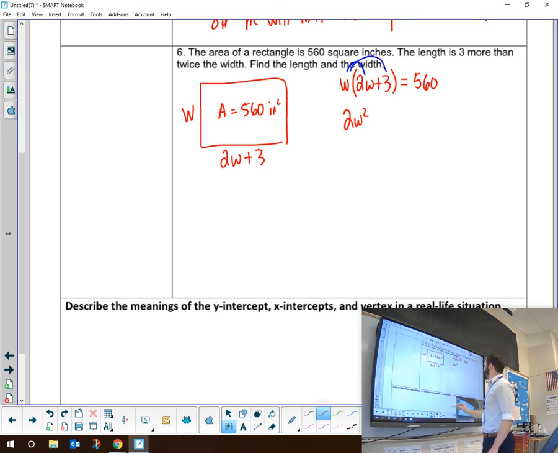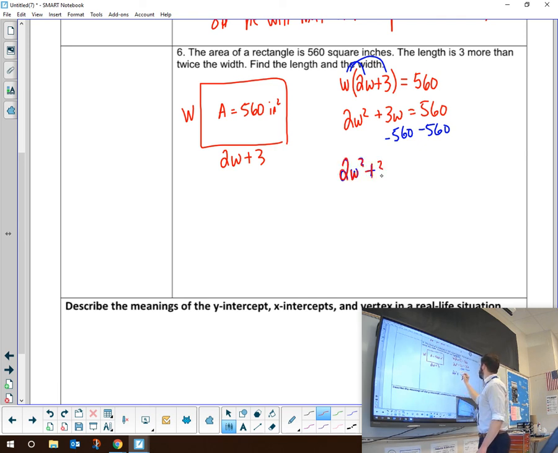W times 3 is going to be 3w equals 560. Let's move this 560 over to this side. Make sure we write it in the correct order. Okay, now we factor and solve.